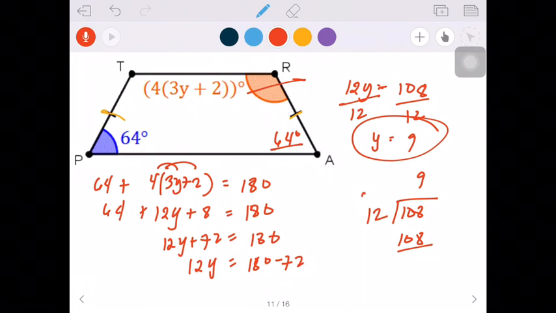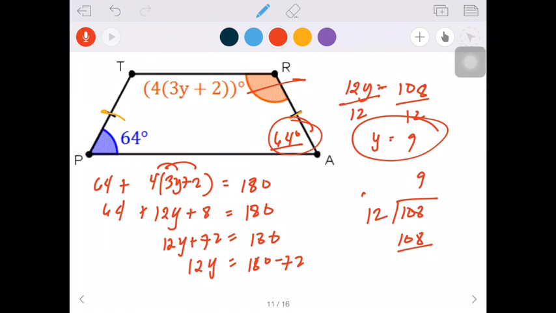What is the measure of angle R? So even before we have set out for this, we actually know the measure of angle R already. Because if this was 64, we simply subtract that from 180 degrees.